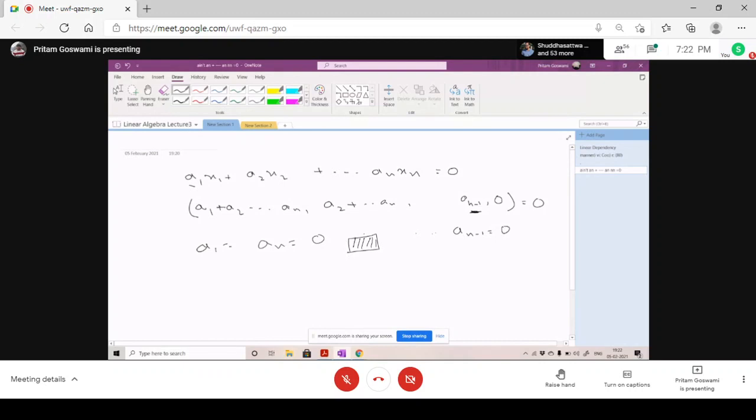All will be 0. So they cannot be linearly dependent, because all scalars are going to be 0 only. So they are linearly independent.